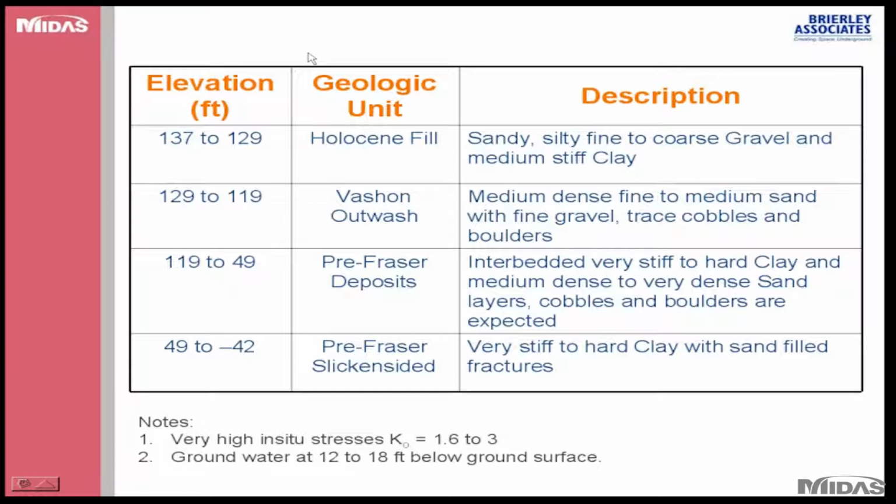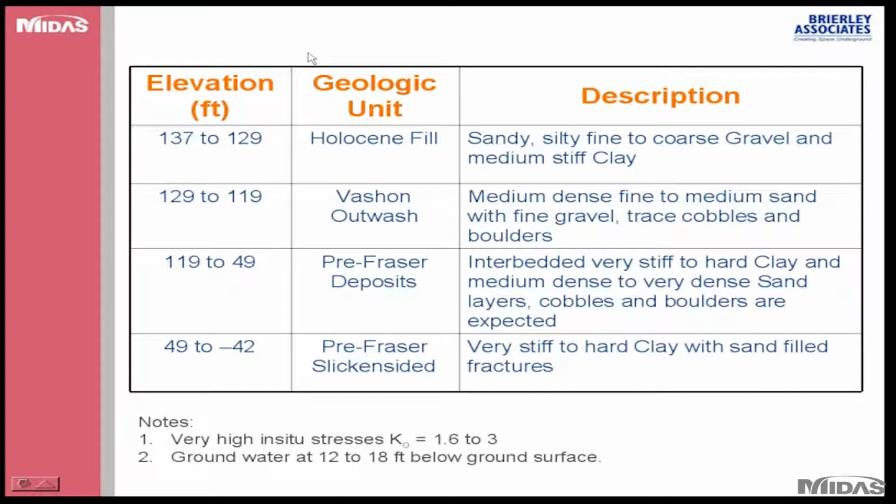Then all these layers are underlain by what's called the pre-Fraser slick-sided deposits, which are very hard clays, and they have some fissures or fractures which are filled with sand.